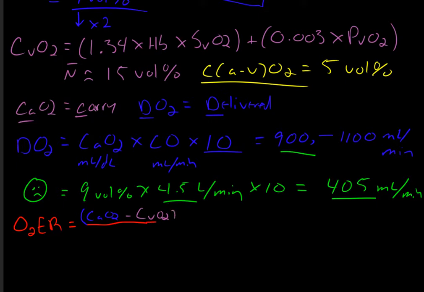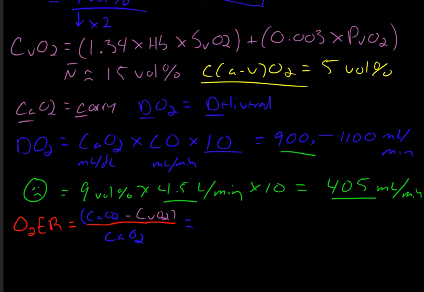So let's send this out here. And then we're going to divide that by the CaO2. All right, so you get the difference between the CaO2 and the CvO2 as a percentage of the total arterial oxygen carrying capacity.